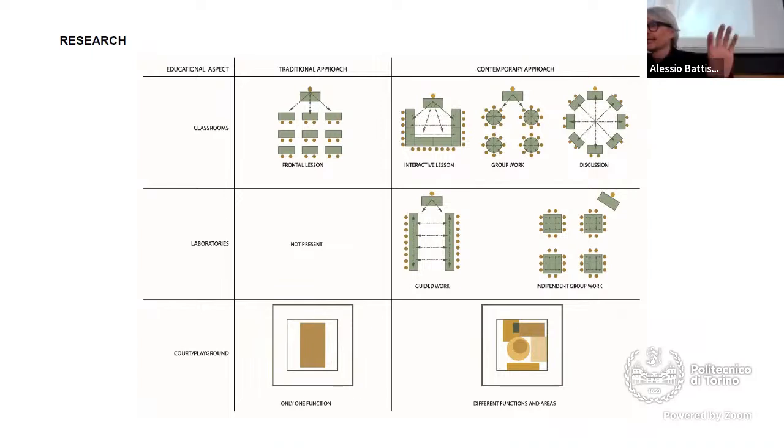We tried to define a kind of matrix of needs and how we could answer. So we tried to define the state of the art, what the typical school in Mosul is, how we could innovate it, how we could introduce some different elements.